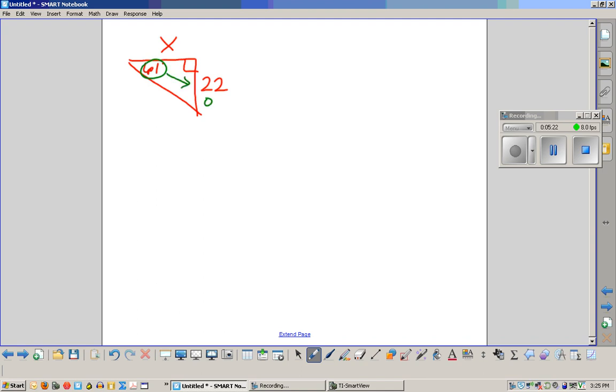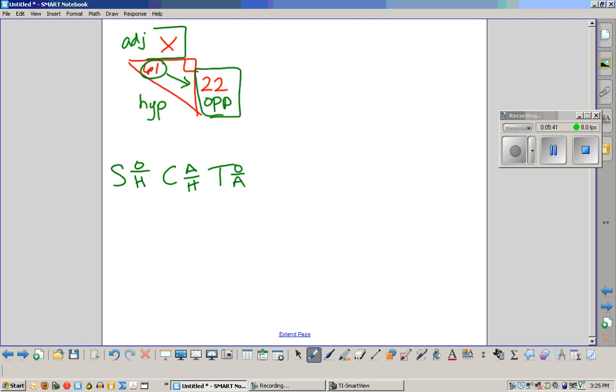We have the opposite side. Here's my hypotenuse. And then we have the adjacent side, or that's the side we're looking for. So remember SOH CAH TOA. Right? All right, so we have the opposite. We're looking for the adjacent. That's going to be our tangent.